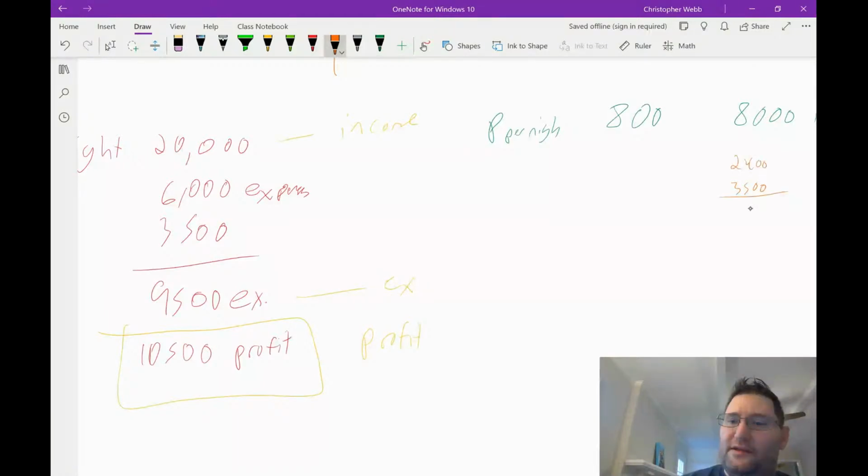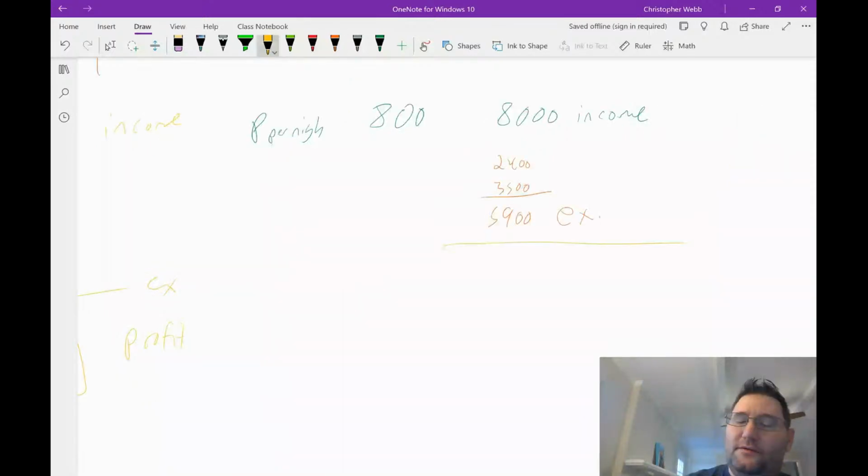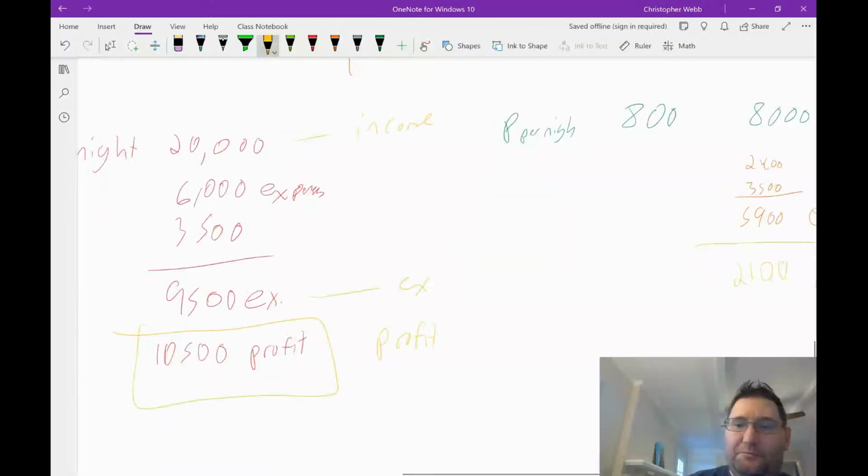So 5,900 in expenses. That is going to be 2,100 in profit, which is still pretty good, but it's significantly less than the 10,500 that we were seeing earlier.